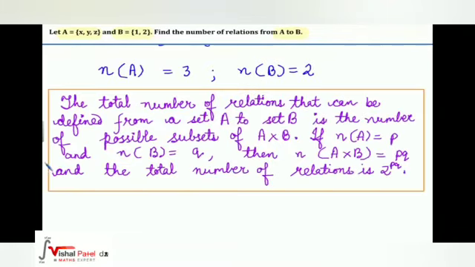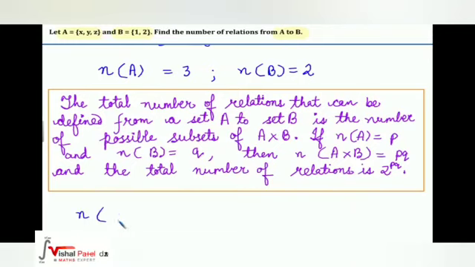So the formula is: the total number of relations that can be defined from set A to set B is the number of possible subsets of A cross B. If n(A) is equal to P, n(B) is equal to Q, then n(A cross B) is equal to PQ, and the total number of relations is 2 raised to PQ.